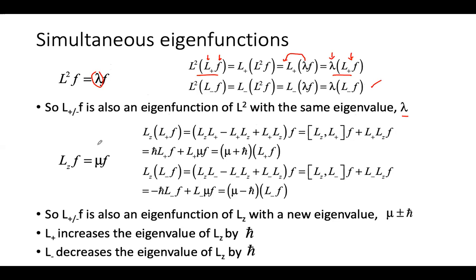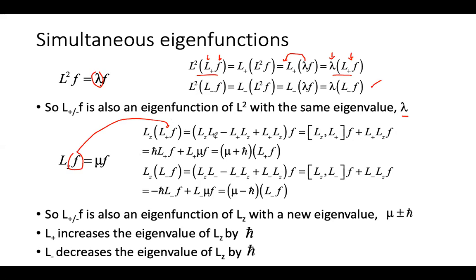Now let's see what happens with the z component of angular momentum, because here's where the fun starts, I guess. If I was to do exactly the same thing, instead of f, I was to replace the eigenfunction with the raising operator times f. Well, let's see, what would that mean?